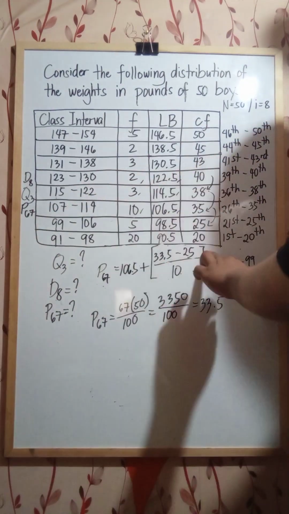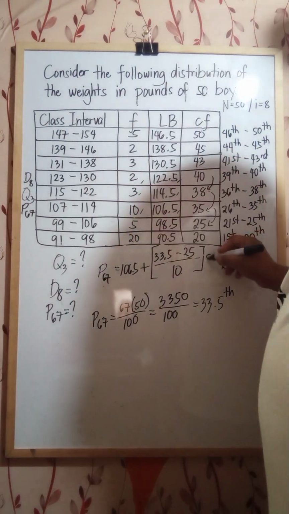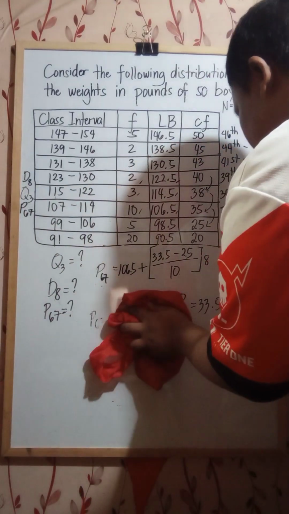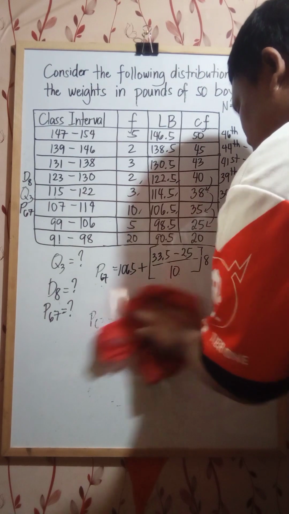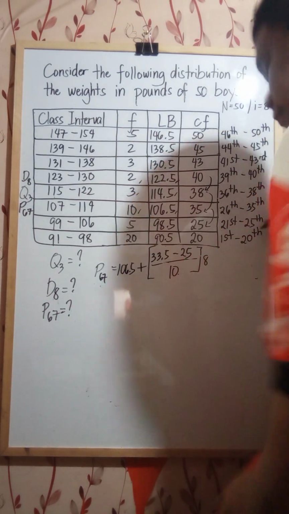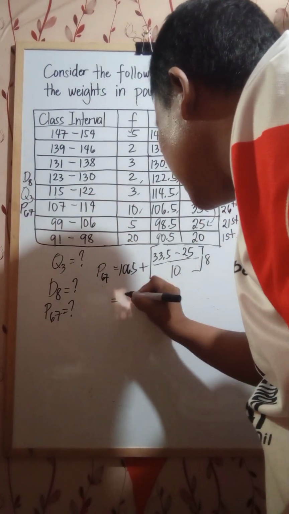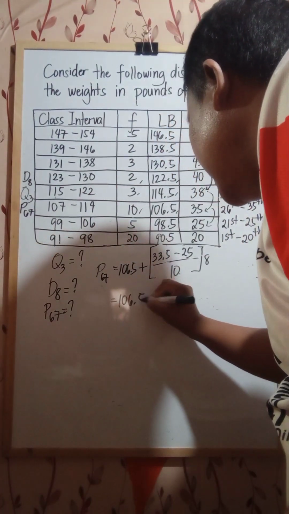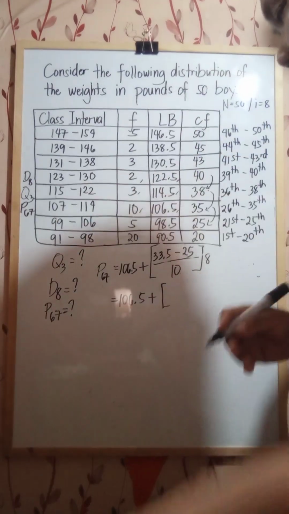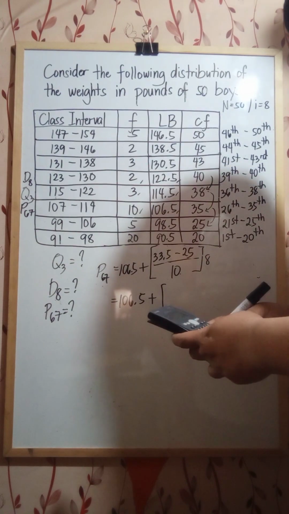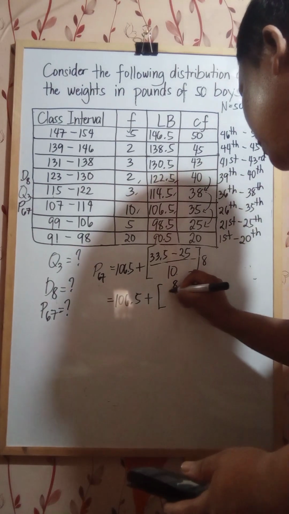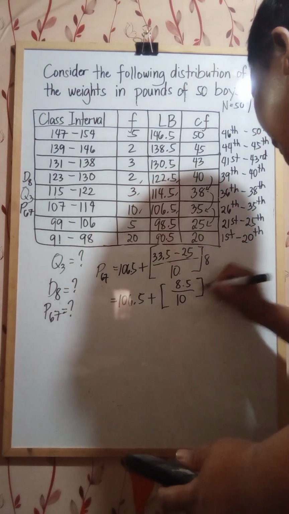Times 8. So, equals 106.5 plus open bracket, 33.5 minus 25, which we subtract. 33.5 minus 25 is 8.5. So 8.5 over 10, close bracket, then 8.